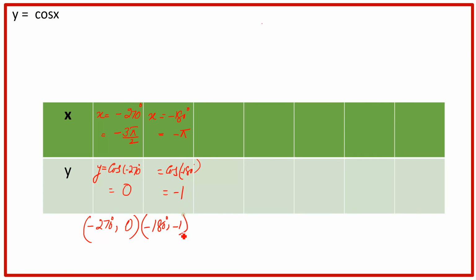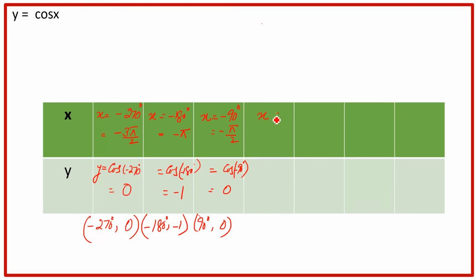So our y coordinate is minus 1. Now put x is equal to negative 90 degree, or we can write minus pi by 2. So what about cos of minus 90 degree, which is equal to 0.